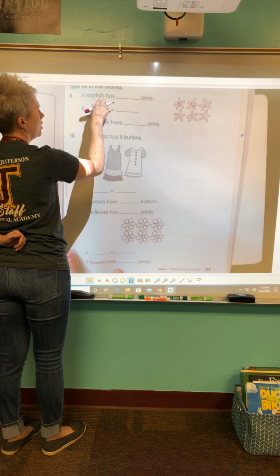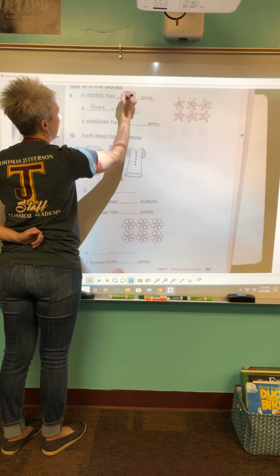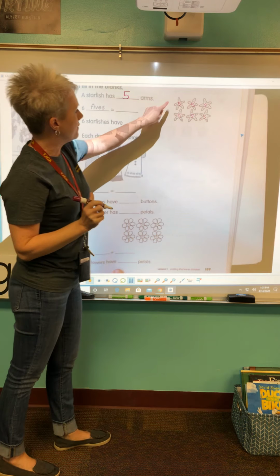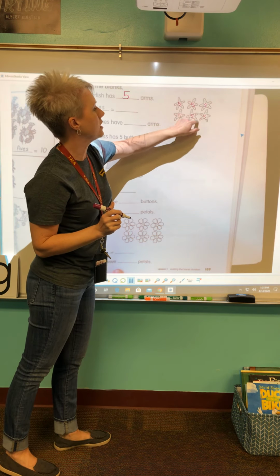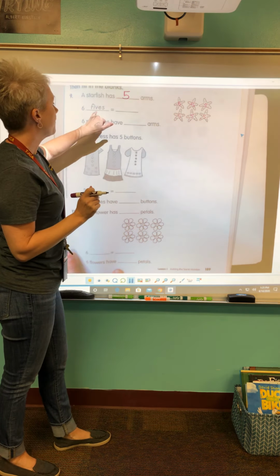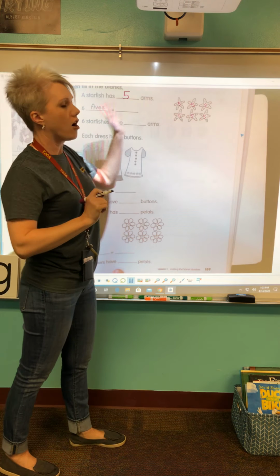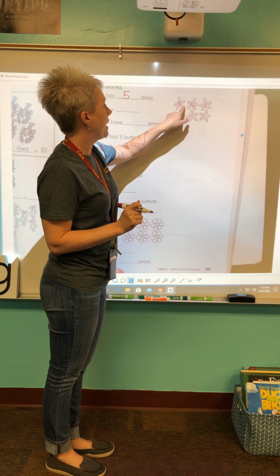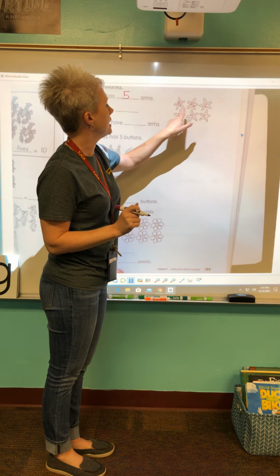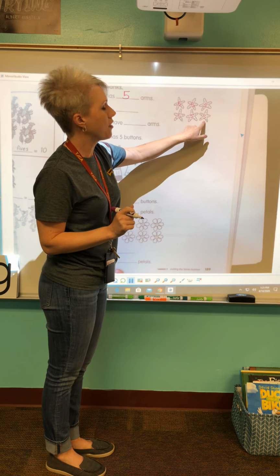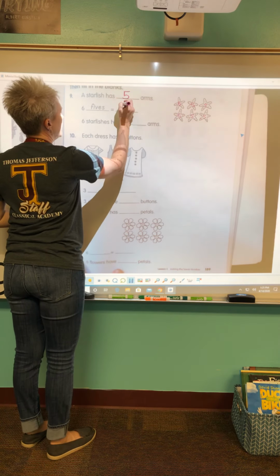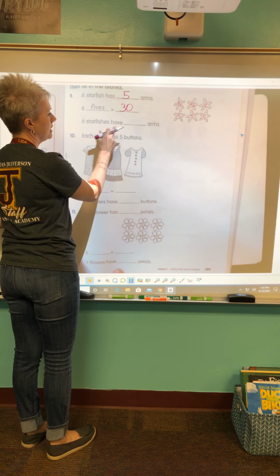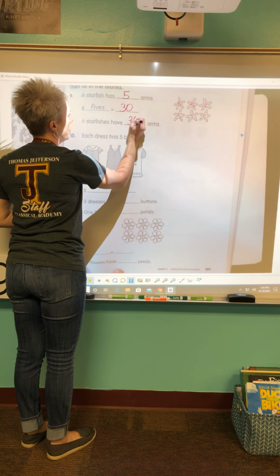Okay, a starfish has 5 arms. 6 fives equals, so we have 6 starfish. 6 fives equals how many altogether? So, we're going to count by fives. 5, 10, 15, 20, 25, 30. 6 fives equals 30. 6 starfishes have 30 arms.